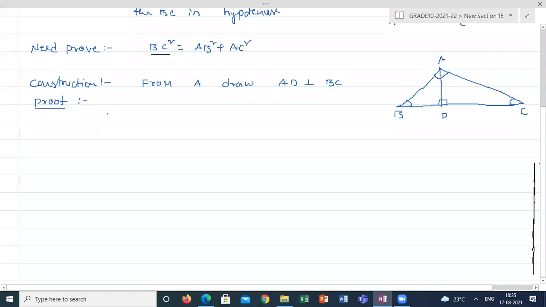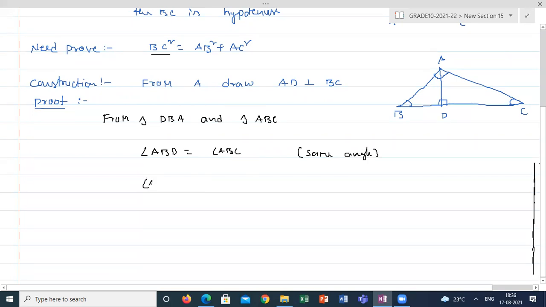So from triangle DBA and triangle ABC, how can I prove both are similar? I can say angle ABD is equal to angle ABC, the same angle or common angle.